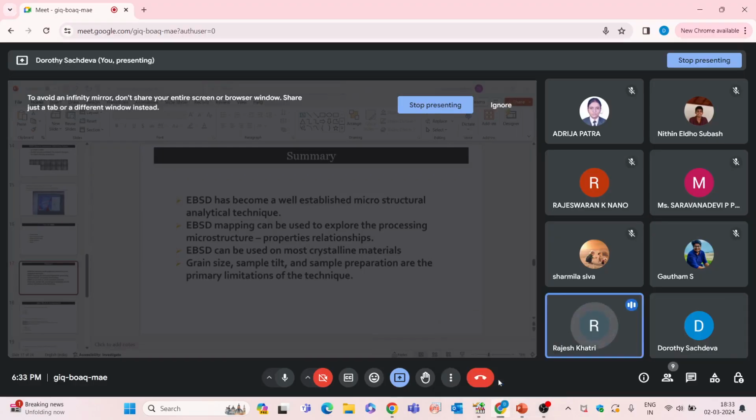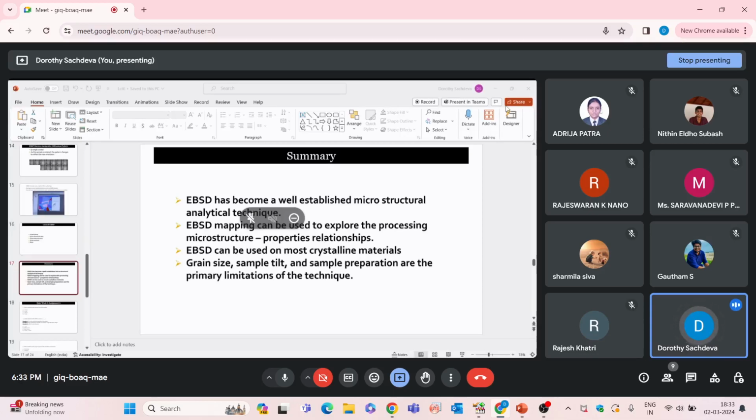But we can apply this method only for thin film only. You need to have sample preparation. It will basically tell you about the sample information only from the surface. You can apply it to see your Kikuchi lines.